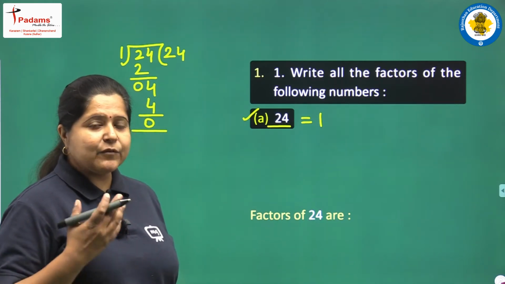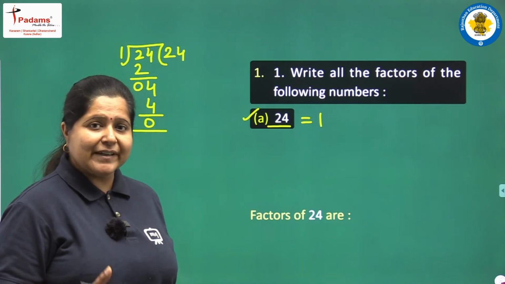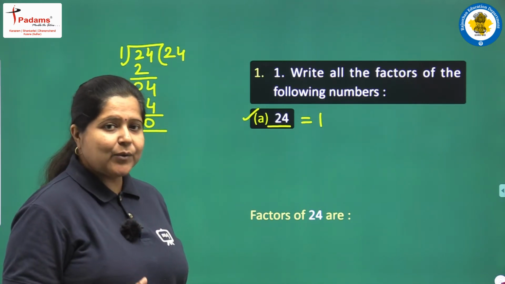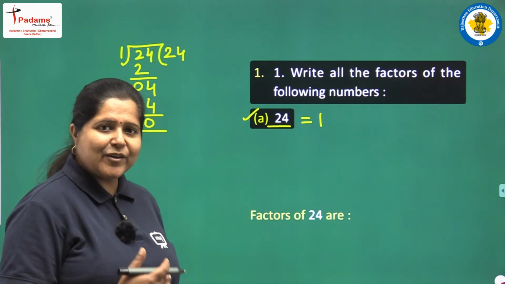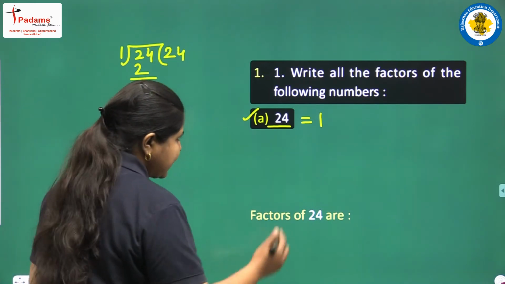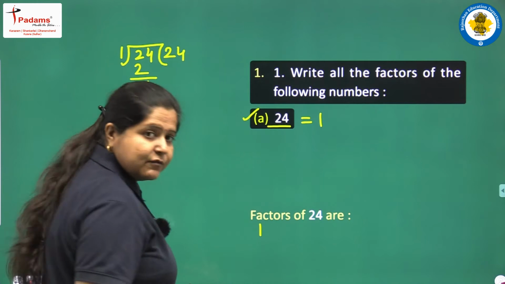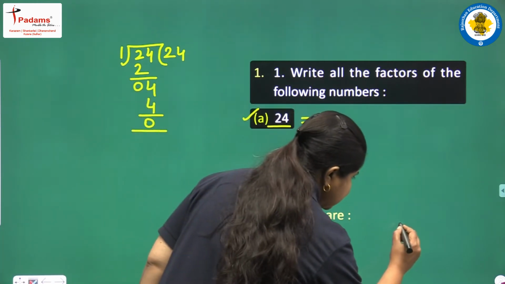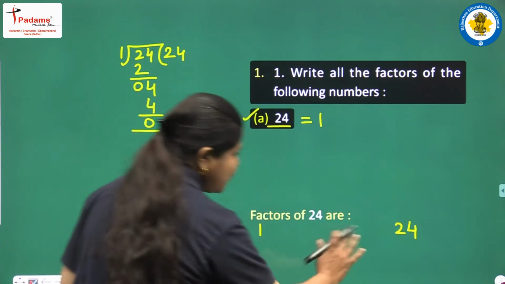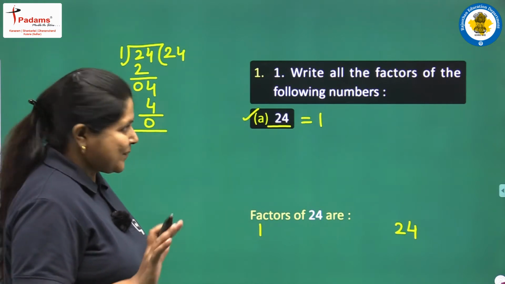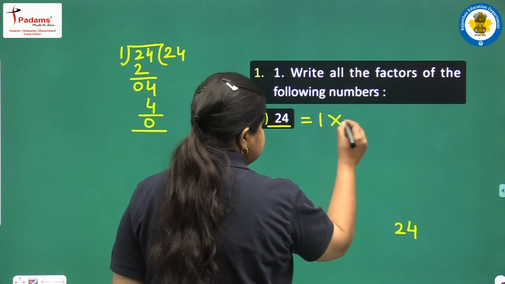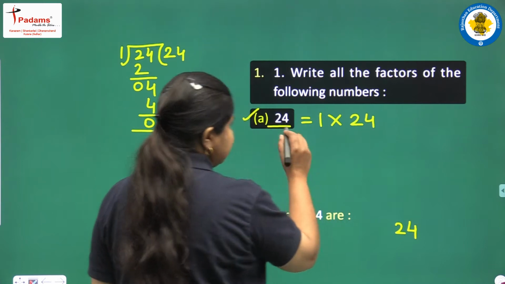We also know that 1 is a factor of every number, and also that every number is a factor of itself. So two factors are fixed. One is 1 and the other one is 24 itself. These two factors we already know now. So we have here 1 into 24, it's 24.